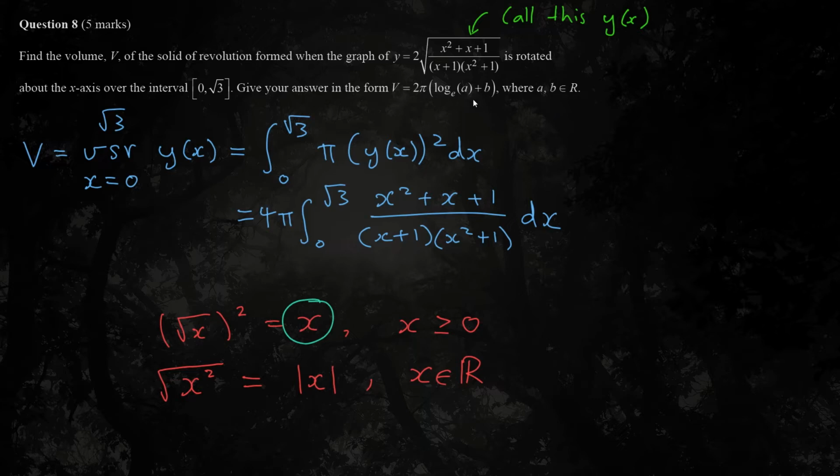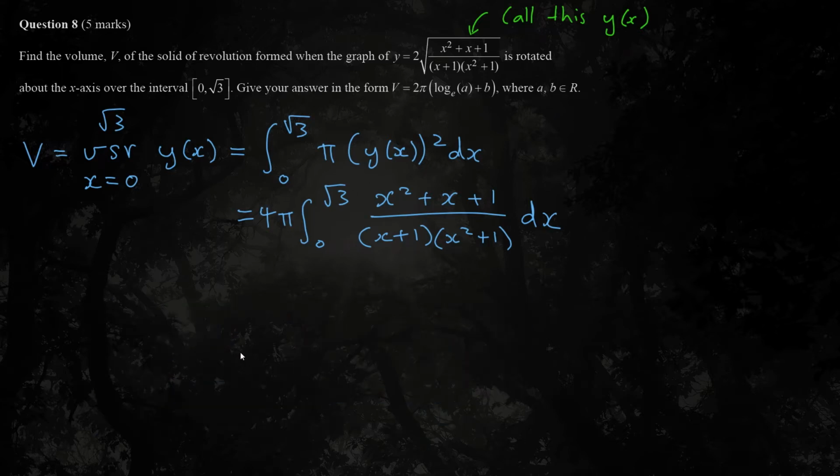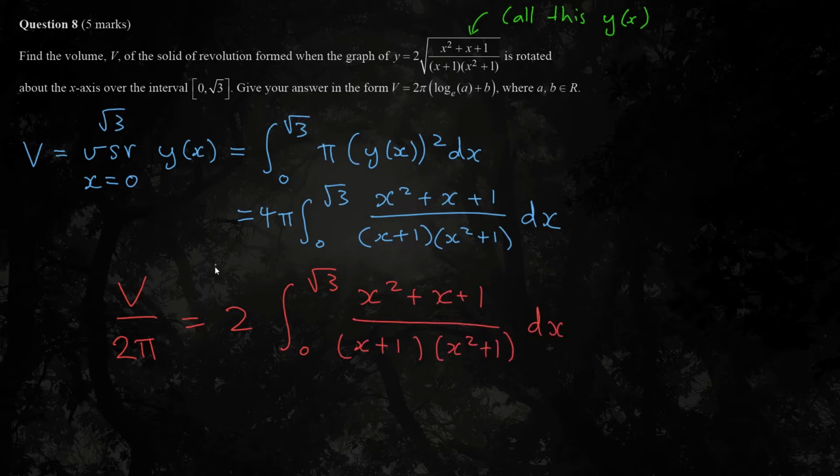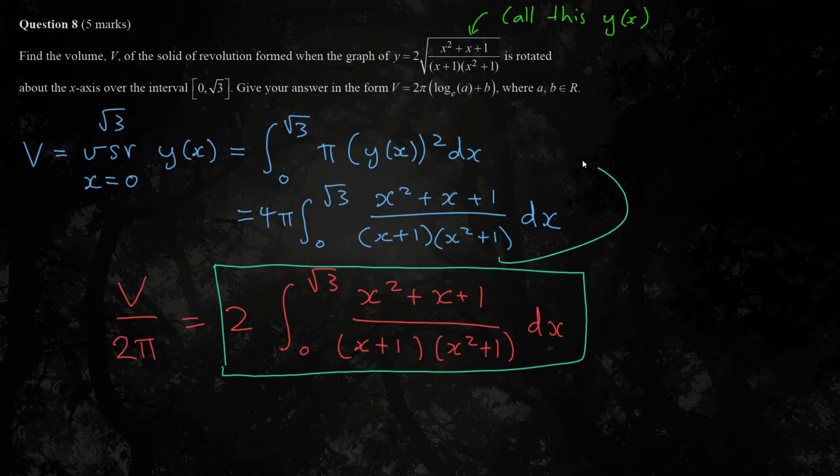To give ourselves the best chance of giving an answer in the form they want, I suggest we rewrite our equation in terms of V over 2 pi, which will be 2 times this integral. Once we find this expression, that becomes the stuff in the brackets here, and the 2 pi out the front comes from the 2 pi on the left.